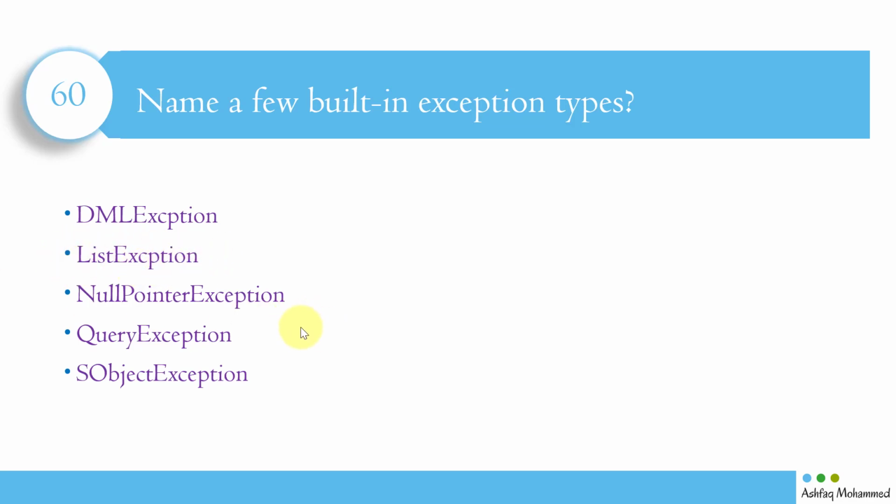And similarly, null pointer exception. When will this null pointer exception happen? Any problem with dereferencing a null variable, then you will have this null pointer exception. So what does that mean? Let's suppose you have a string variable named s, but we don't initialize a value to it.